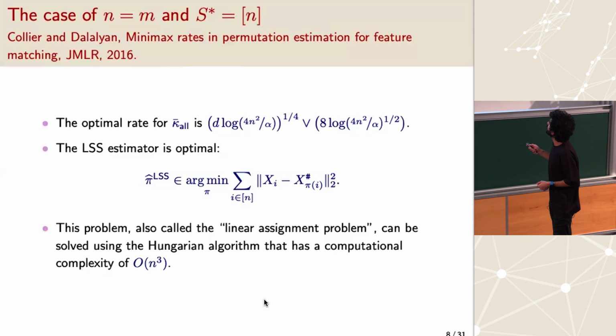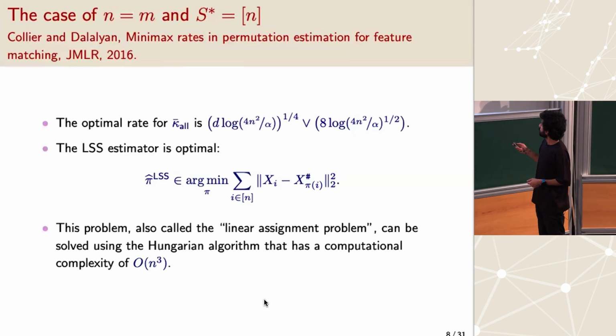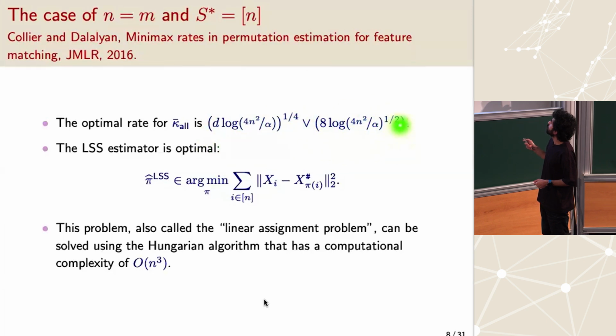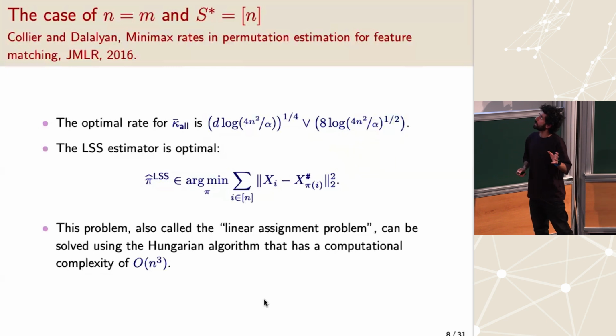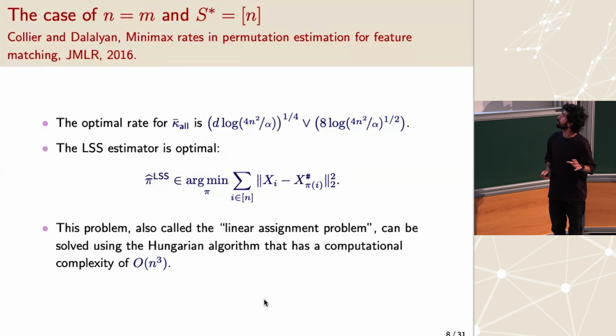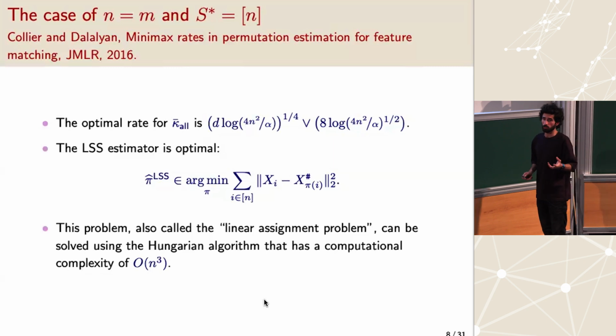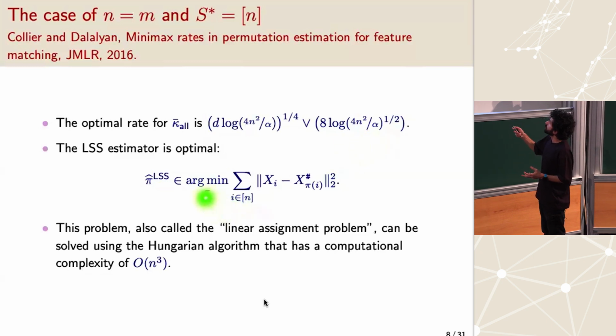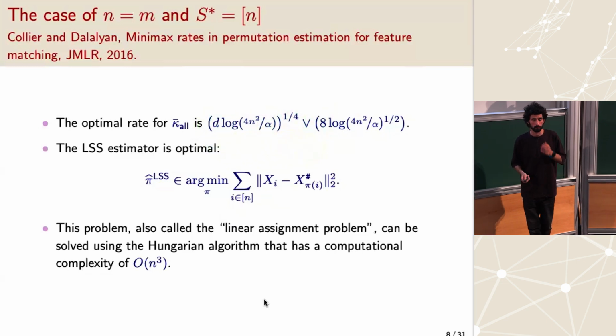Here we have two terms, d times log n and just the log n to the power of the square root of the log. I will be mostly referring to the case where d is larger than log n, which is the high dimensional regime, and I will be mentioning this rate. So I assume that the first term is the dominating term here.